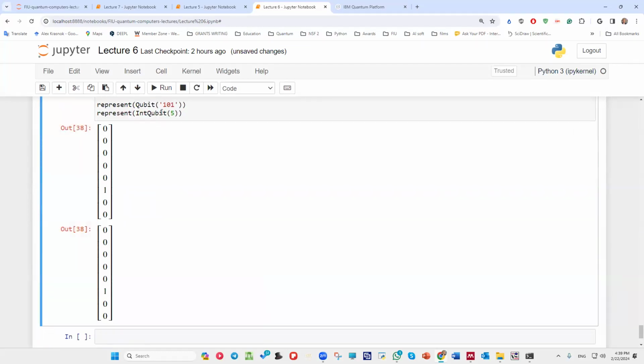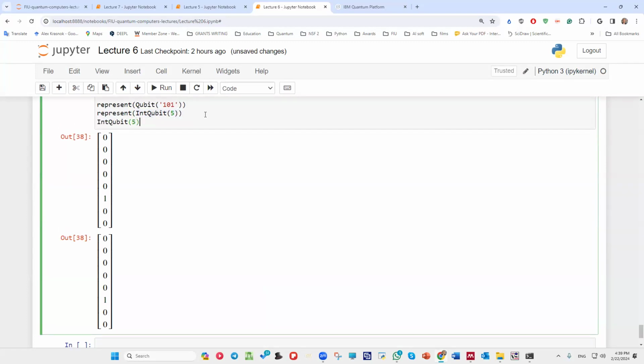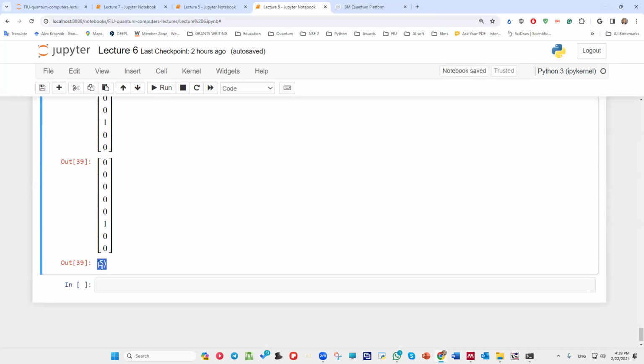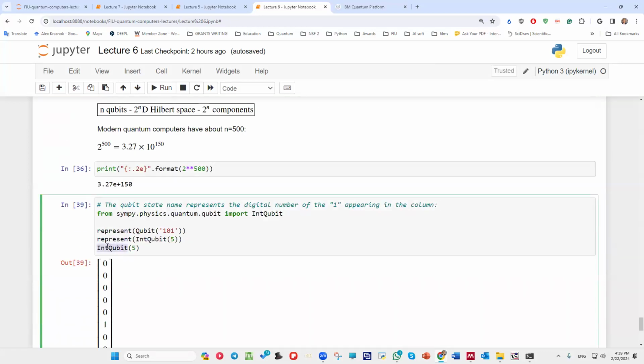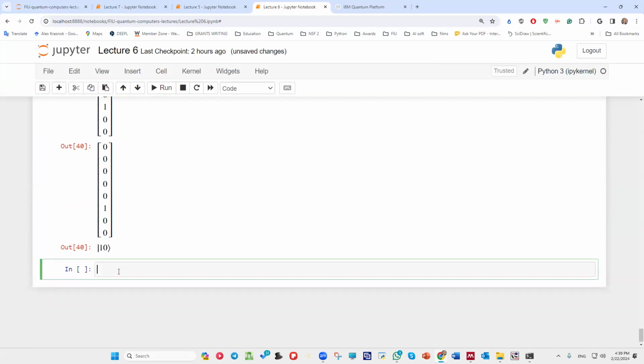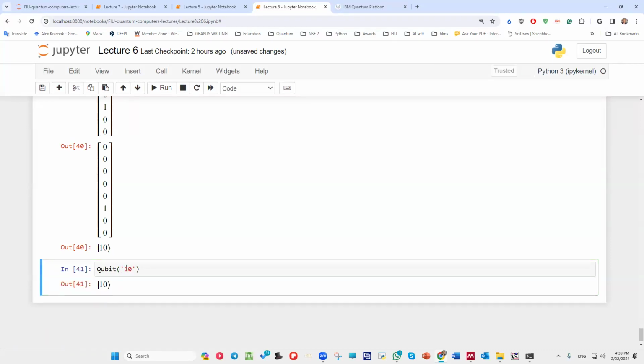And using the integer qubit representation, qubit 5 is the qubit in the integer representation. Like say qubit 10. It's not a qubit with 2 states 1 and 10. It's a system of 10 qubits represented by some state.